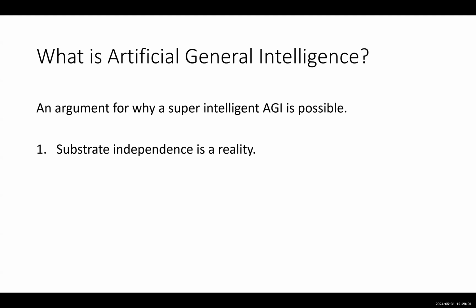It can be instantiated or manifested or realized in all sorts of different material bases. Well, if it's independent from any of that, then it looks like that mind can be realized in a machine just like it's realized in an organic system like the human brain, right? So if the mind is independent from its material reality, then anything could possibly have a mind, right? So that's the first premise.